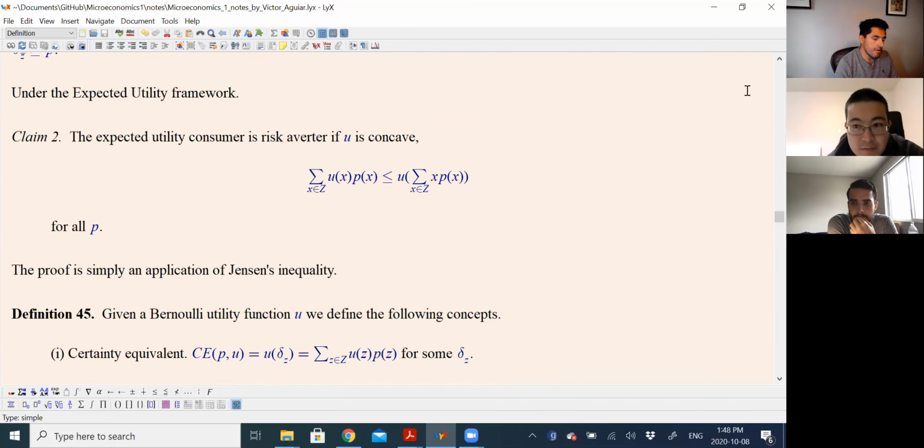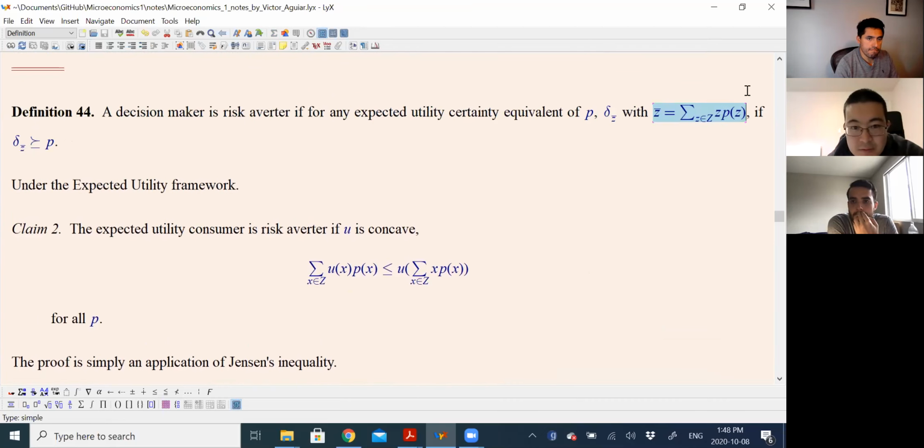Hello, Professor. Do you think that for a specific individual, the risk attitude would change? For example, if I have two lotteries: in lottery 1, there is $10,000 in total, and I have a 90% chance to get all of it, and a 10% chance to get none of it. So the expected value would be 9,000. In another case, I would get 9,000 for sure.